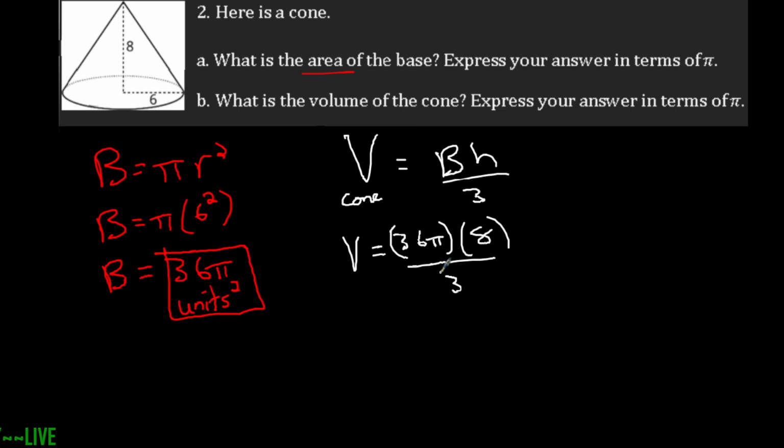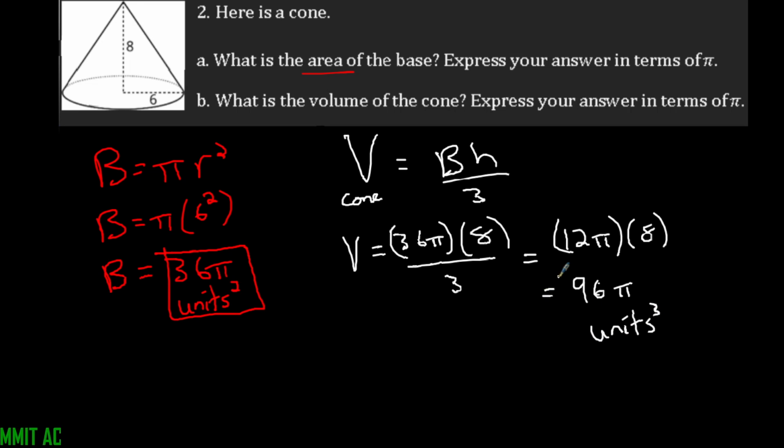I know that 36 is divisible by 3, so this is the same as 12 pi times 8, which is the same as 96 pi units to the third power because we're talking about volume. So make sure you leave your answer in terms of pi.